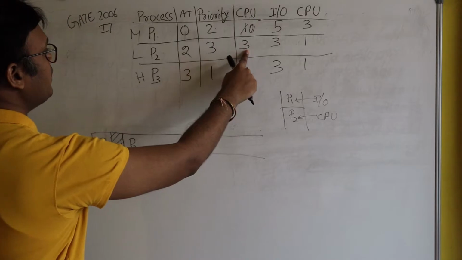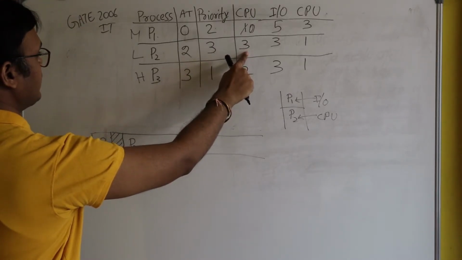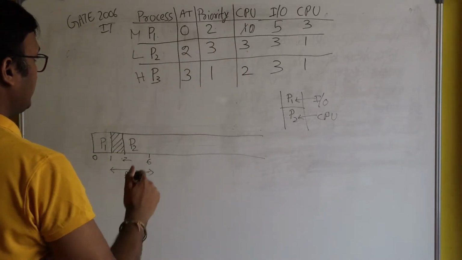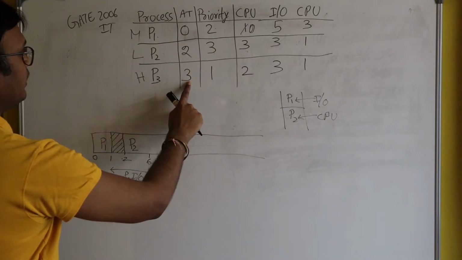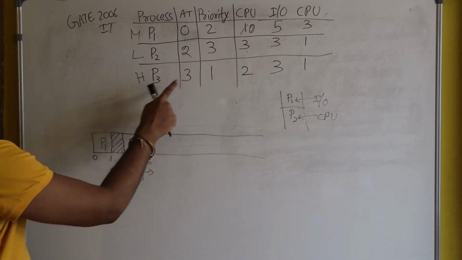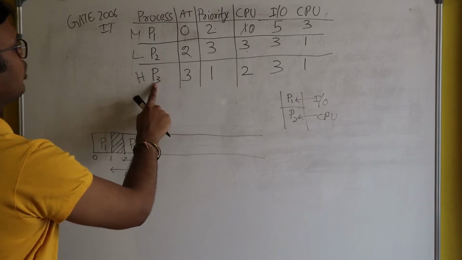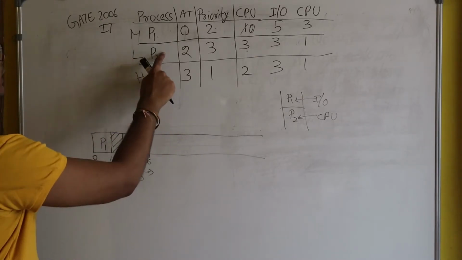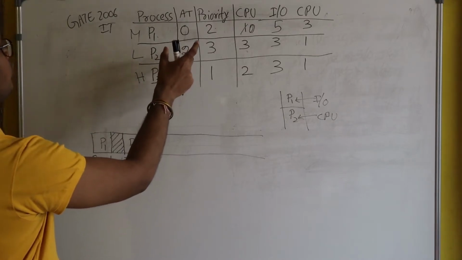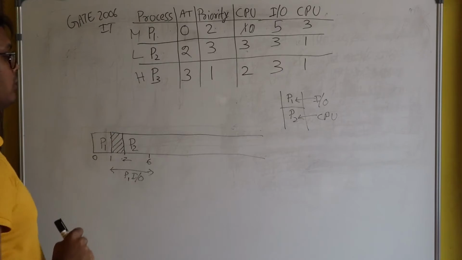so process P2's first CPU burst is of 3 seconds. Okay, but you see, during the third second, higher priority process P3 came. Okay, so it means what? Since the priority of process P3 is higher than process P2, CPU will be snatched from process P2 and will be given to process P3.